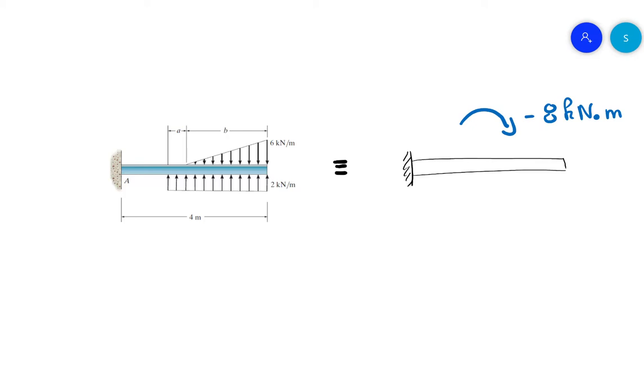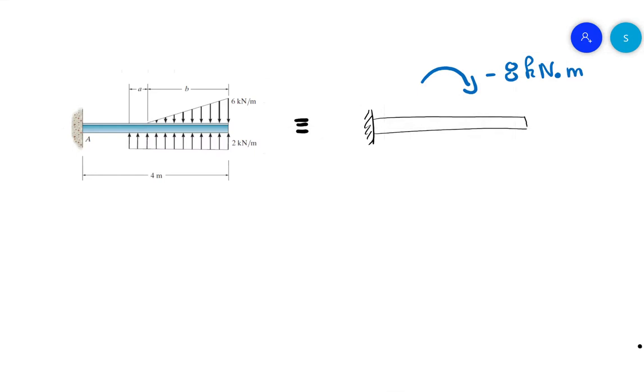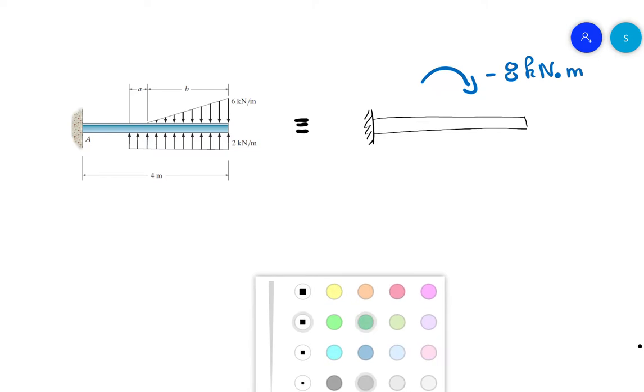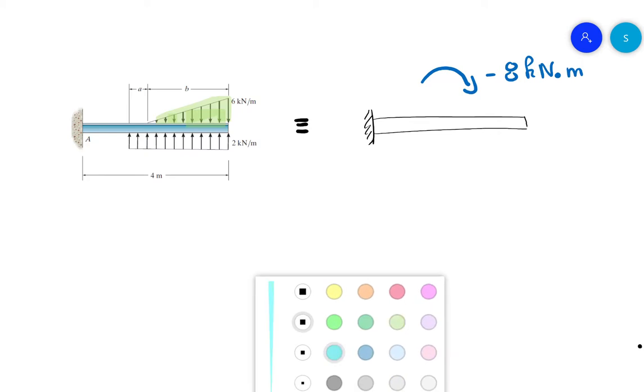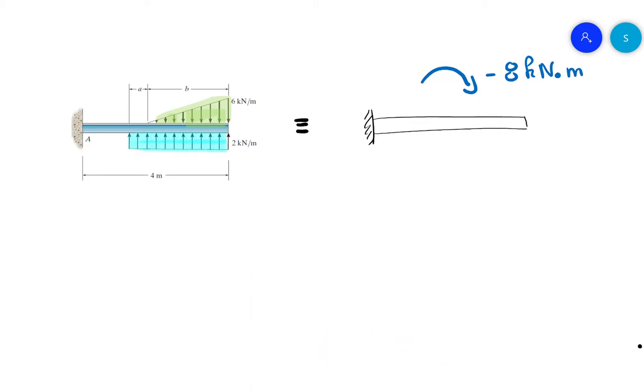Here we go. So what we know from the beam, we can find the expression of the force FR1. So we'll use the top triangle for the 1 and the lower triangle for the 2. So everything in green is for the upper triangle and everything in blue is for the lower rectangle.